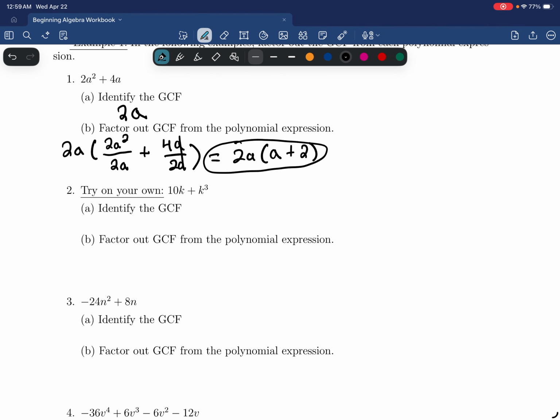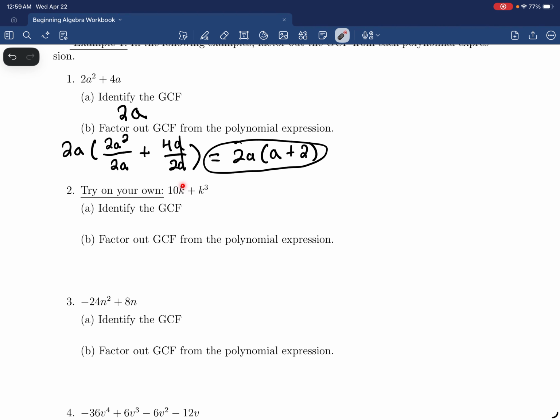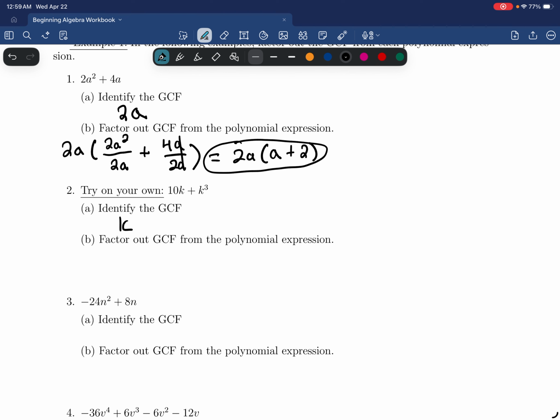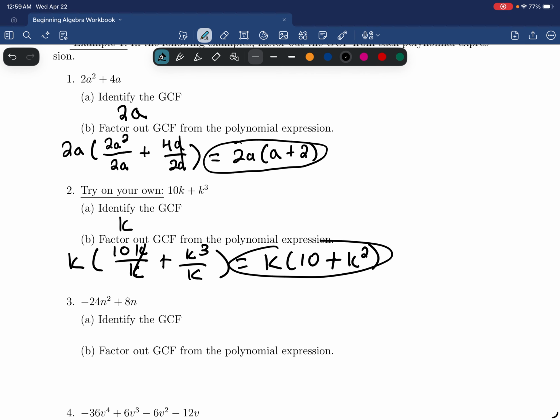So we aren't going to have a coefficient, but we are going to factor out a variable, k. When we do that, we get k times 10k divided by k plus k cubed divided by k. Simplifying, those k's cancel, so we get k times 10 plus k cubed divided by k, which, using our exponent rules, is k squared. And that's your final answer.